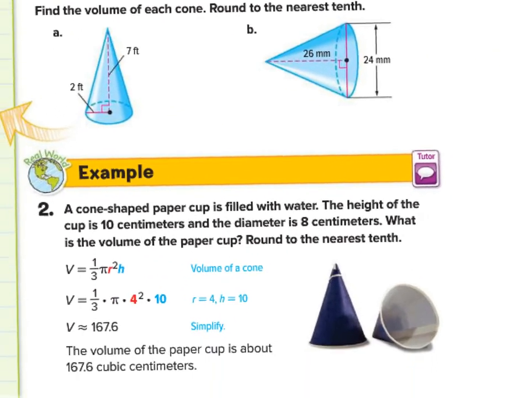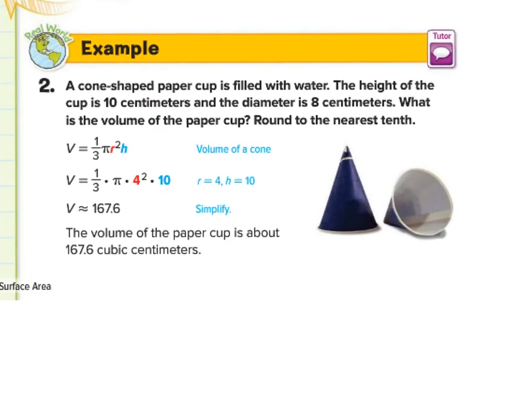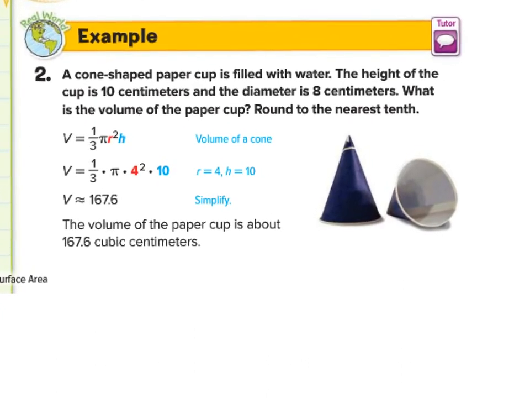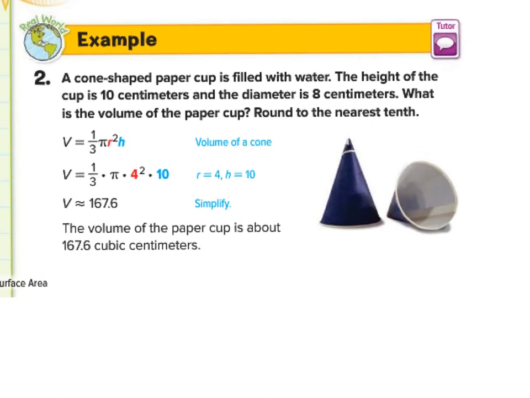Now let's look at example 2. Here we are going to look at a cone-shaped paper cup filled with water. The height of the cup is 10 centimeters and the diameter is 8 centimeters. What is the volume of the paper cup? Round to the nearest tenth. So now we're simply taking our skills and applying them to a real world context.